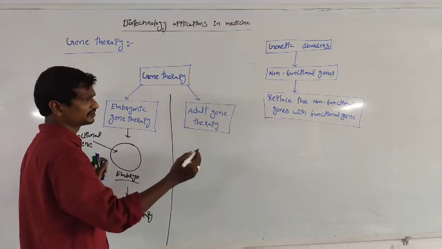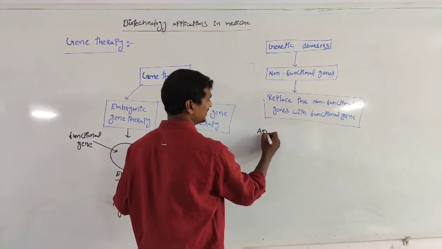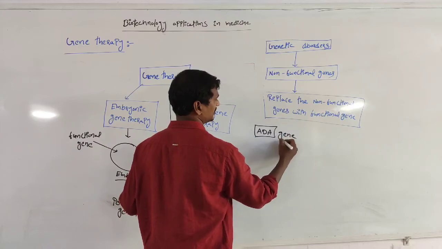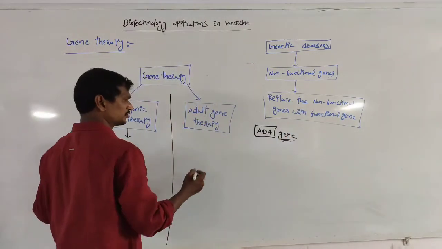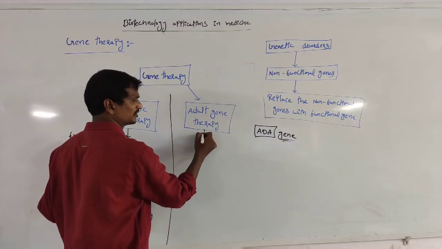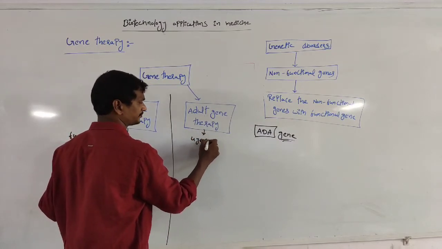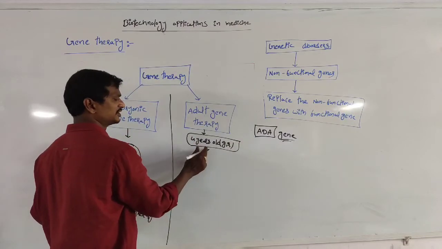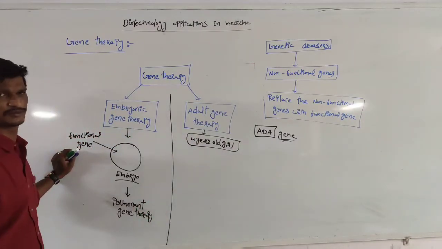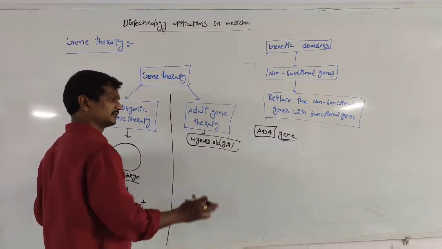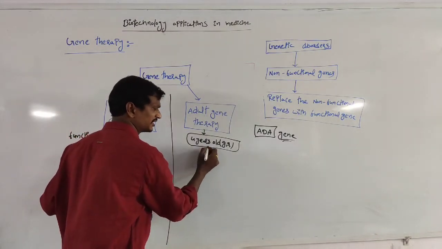Adult gene therapy is, as we just discussed, the ADA gene. Suppose a 4-year-old girl, as per the NCERT. Here there is no chance for embryonic gene therapy. Then what do we do?